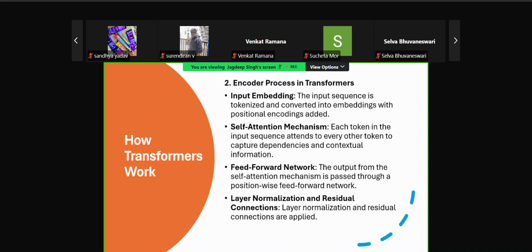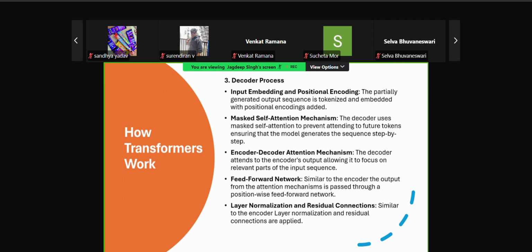So this is one of the use cases. Here, encoder processes in a transformer mean the input sequence is tokenized and converted into embeddings with positional encoding added. Self-attention mechanisms, feed forward network, layer normalization, all you can see here.